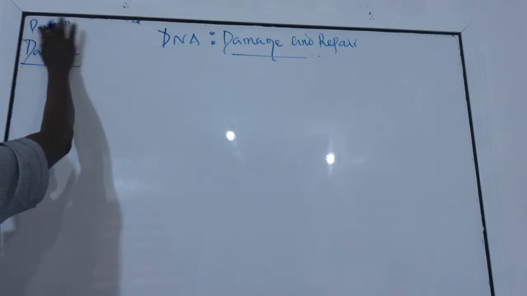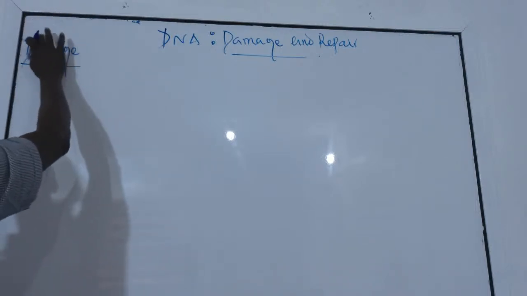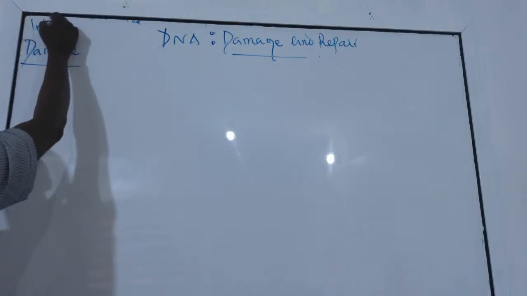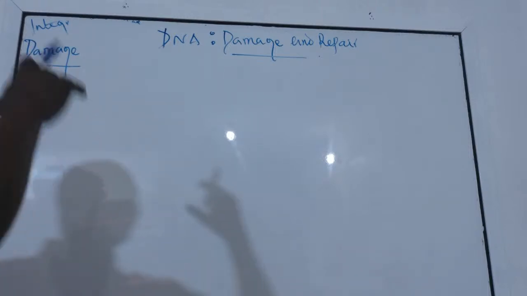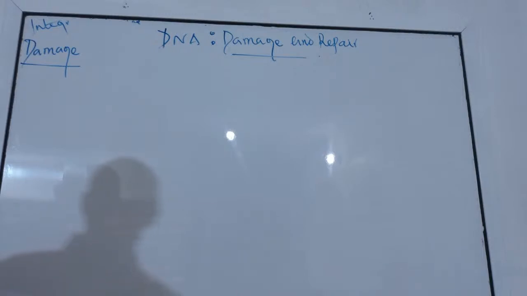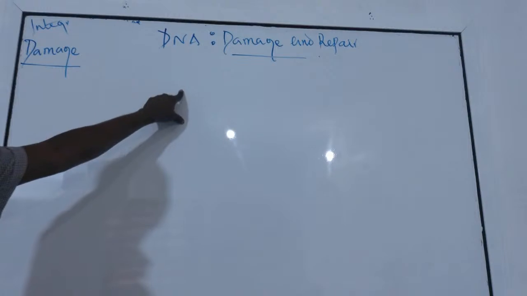The primary truth about DNA is that the integrity of the DNA must be conserved. The fidelity of that DNA must be conserved. So the composition of the DNA, the one that starts the process, should be the one that is going to complete it.